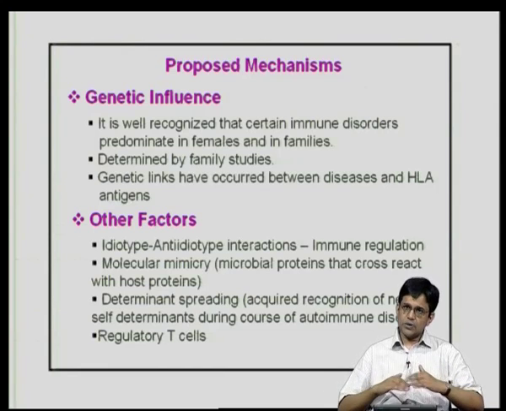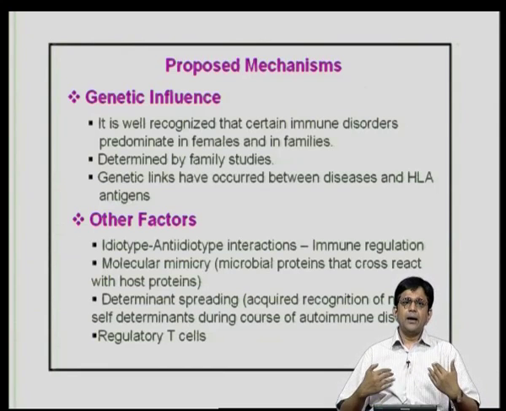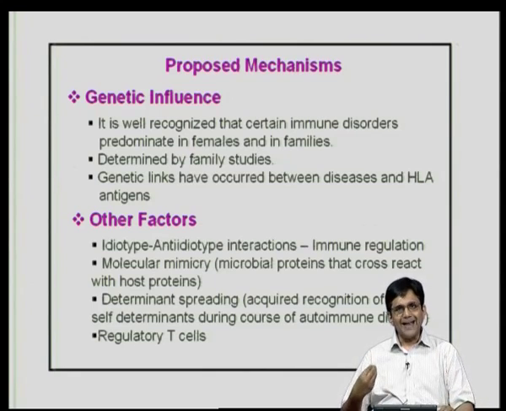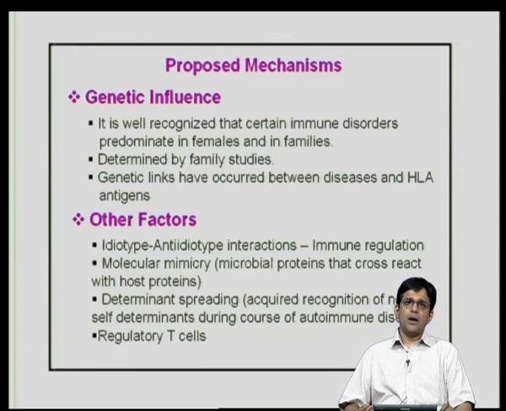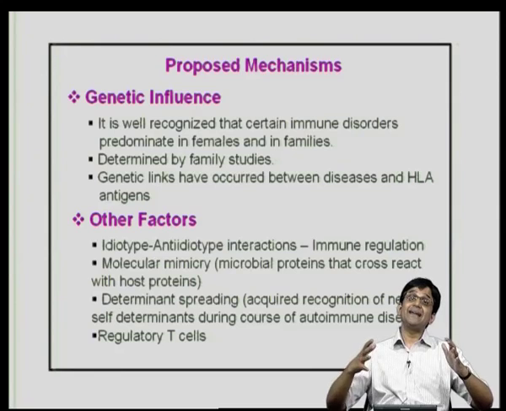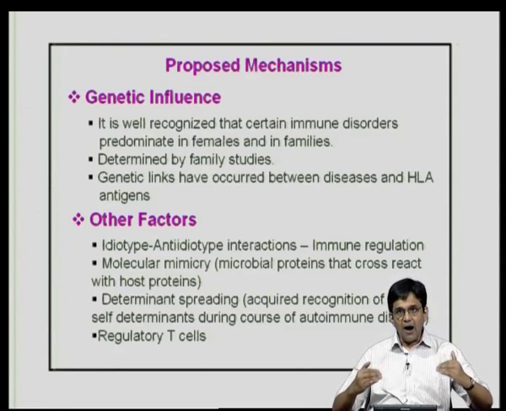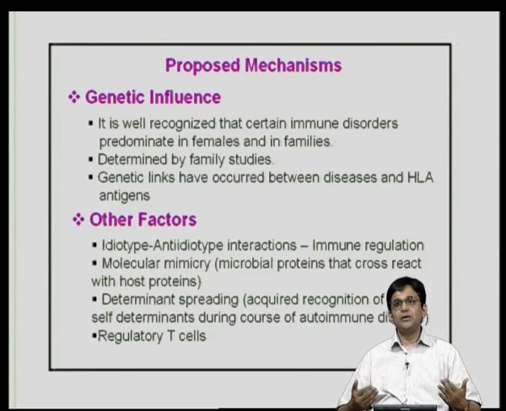The basic point is that our immune system is not so perfect that we can generate a completely foolproof system. So, there are basal levels of autoimmunity, but that is kept in check because of the regulatory T cells. Only after that is overcome are you able to generate an immune response.